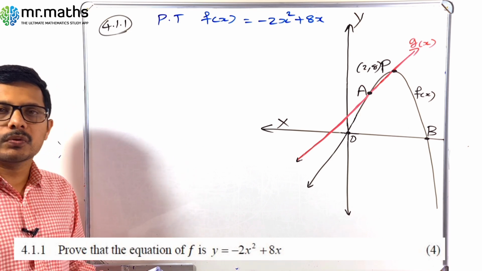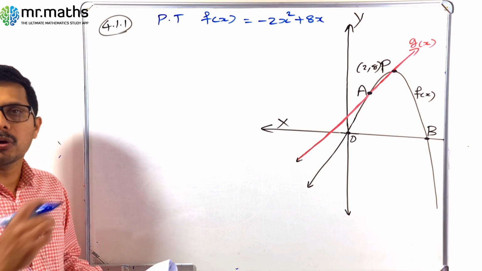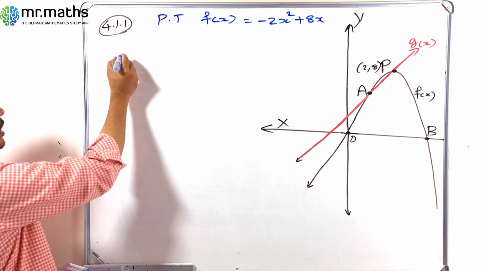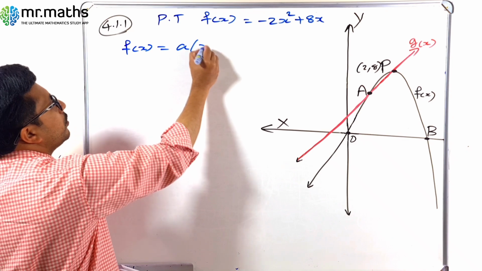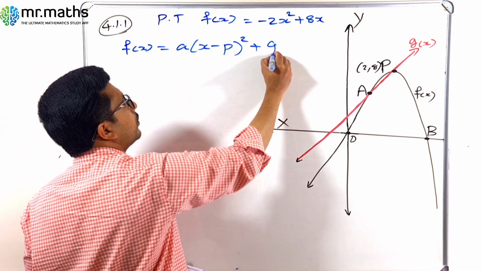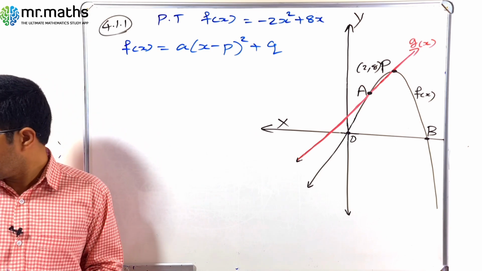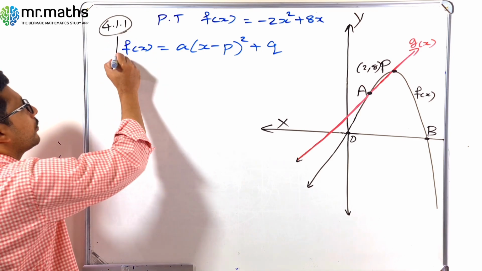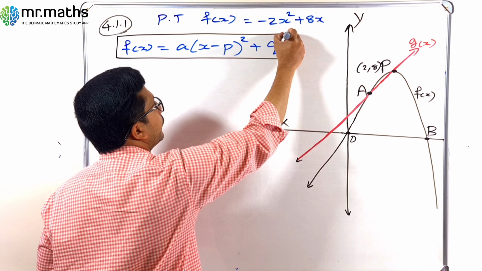So how can you prove this one, guys? Now, f of x is a quadratic equation. For a quadratic equation, you studied a formula like this: f of x is equal to a into (x minus p) the whole square plus q. Am I right? This is one of the general formulas for a quadratic equation.